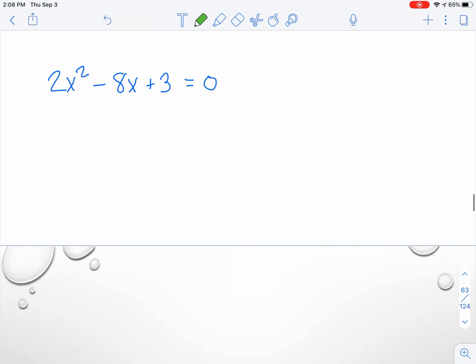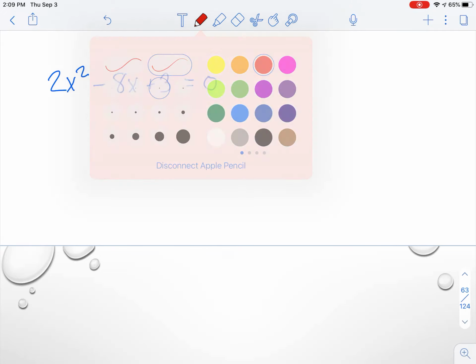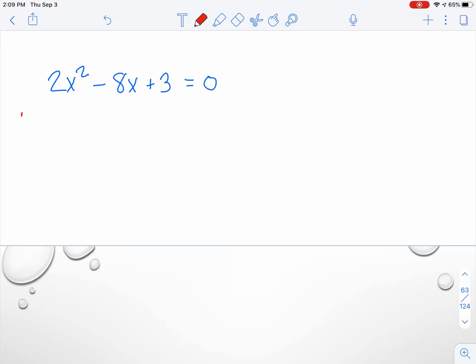All right, 2x squared minus 8x plus 3. Get this one right. Identify A, B, and C according to our coefficients of our quadratic in standard form. Now we plug into the quadratic formula.